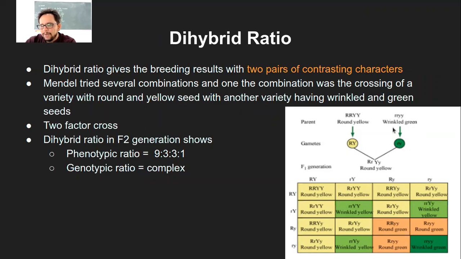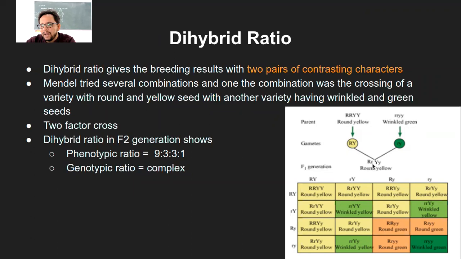So when you set up this parent cross, you get many individuals, but all of them will have this heterozygous genotype, that is capital R, small r, capital Y, small y, which will exhibit the phenotype of round and yellow, because round is dominant and yellow is dominant. So round and yellow seeds in F1 generation. Now, when you set up the F1 generation cross, that is this individual is self-pollinated.